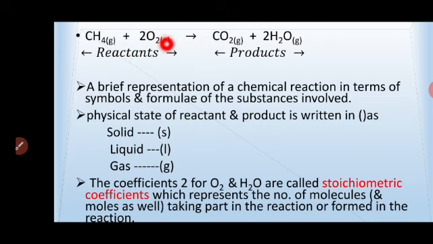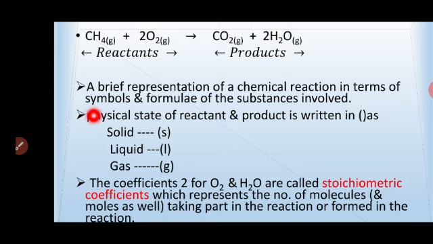According to the law of conservation of mass, actually both sides the amount must be the same, or the number of elements must be the same. So before the arrow what we write is reactant, and after the arrow what we write is called product. Now when we balance the equation, the elements on the reactant side must be exactly equal to the elements on the right hand side.